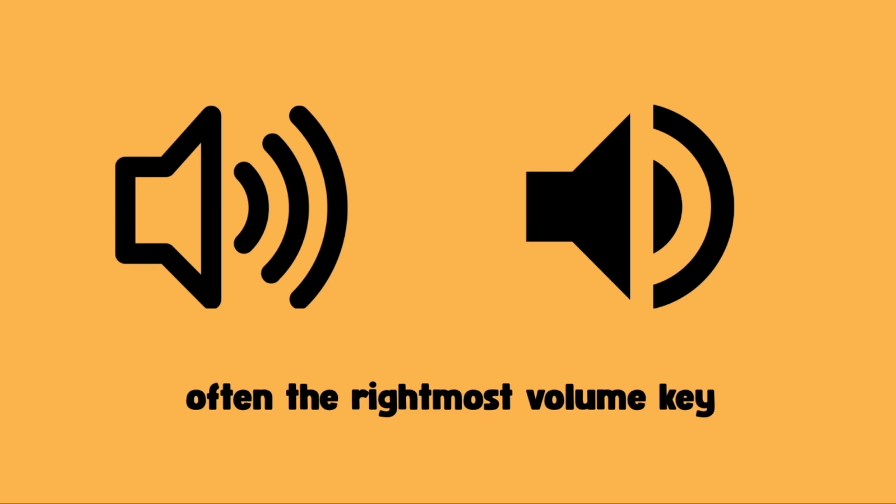So when you click this button, the volume will increase and the sound that you hear will get louder. Now remember, you have to press this key several times because the volume will only increase marginally. So the more that you press the button, the louder it will get.